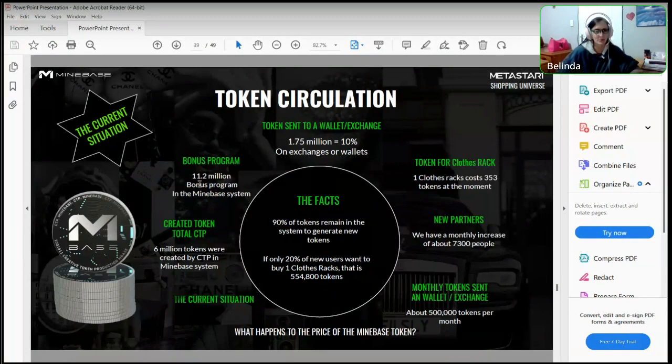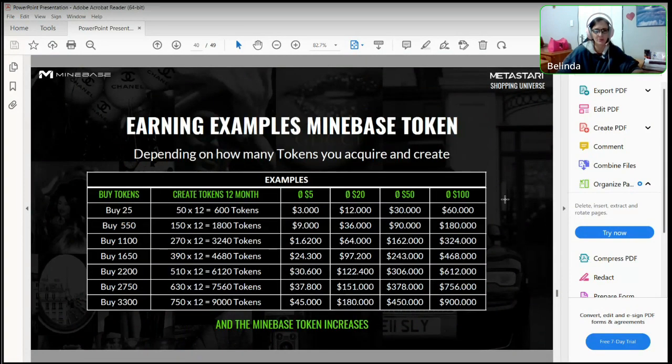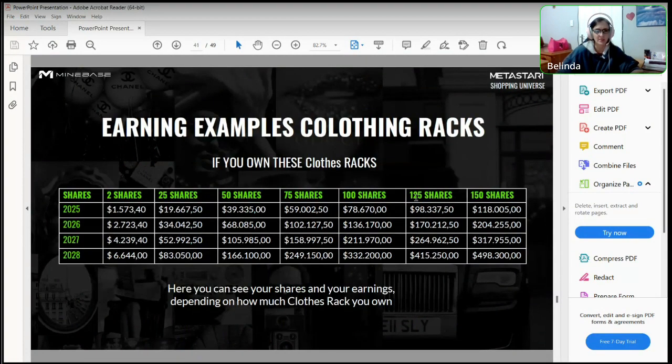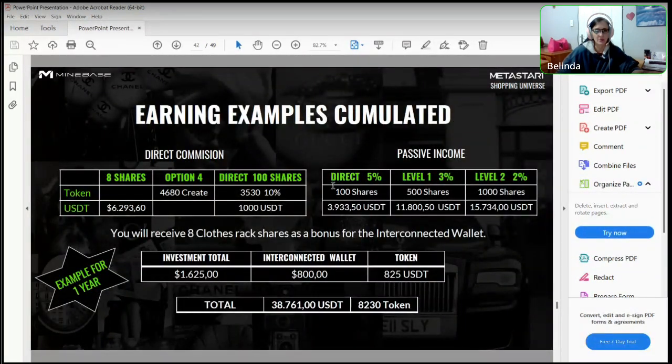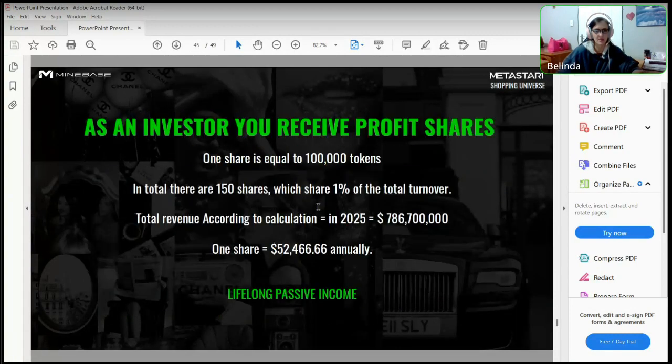Okay, there's more about the token. The token itself, earning examples again with the Minebase token. Close racks. Okay, I don't know if you guys have any other questions about the avatars or anything else that doesn't make sense. Okay, this is the 1% of the total turnover, I was right.